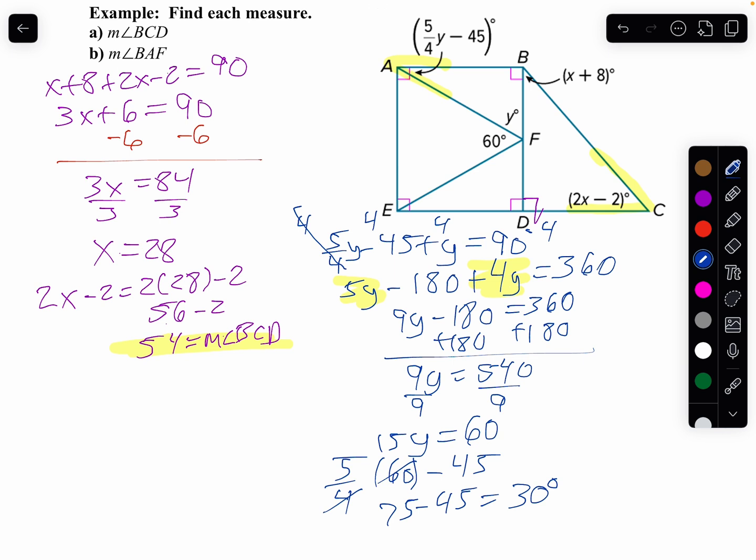Notice it might have been easier, instead of doing all that substitution since I had a fraction, I had y as 60, didn't I? 90 minus 60 gives me 30. That would have been a lot simpler to do than the way we just did it here. Measure of angle BAF.